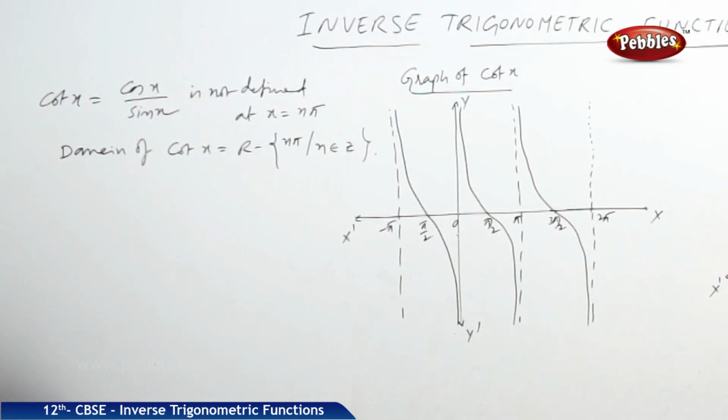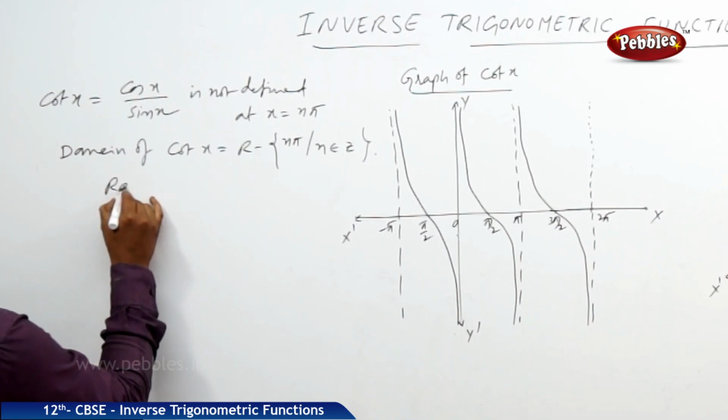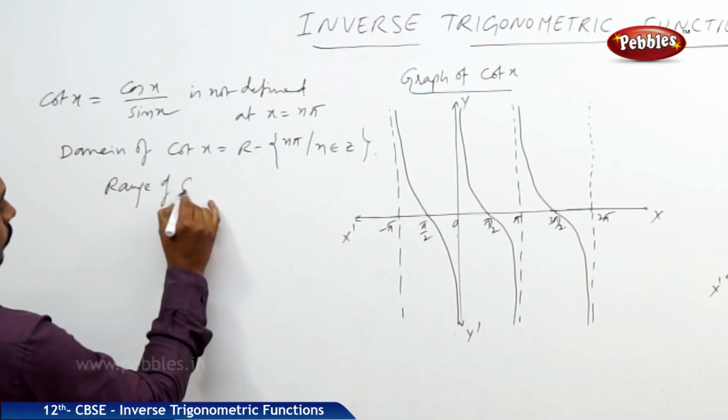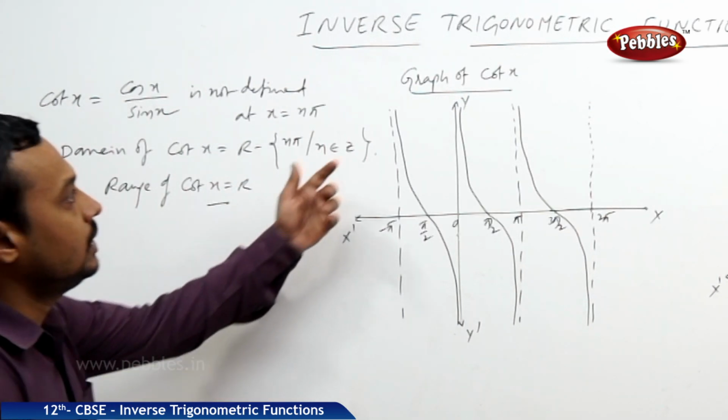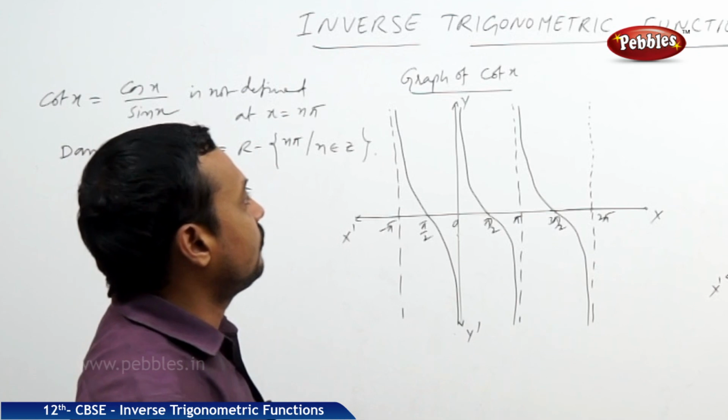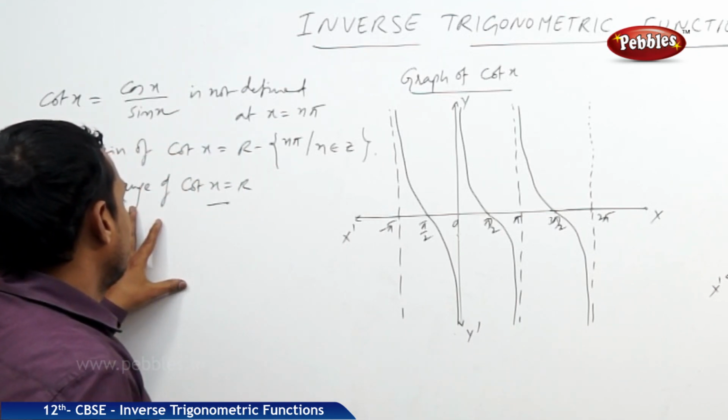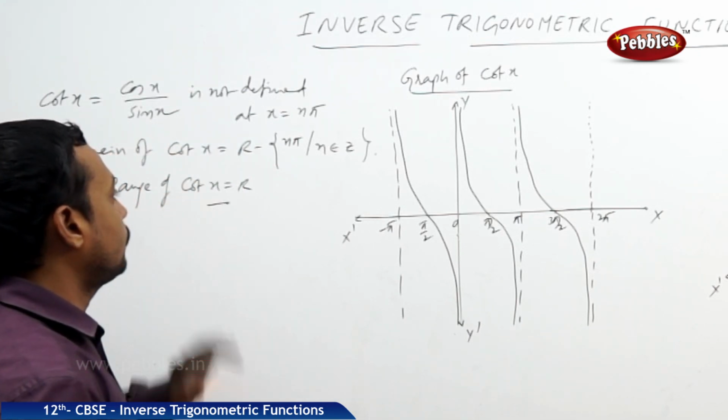Of course, the range is always R. The range of cot x is R. While observing the graph of cot x, we can understand the range of cot x.